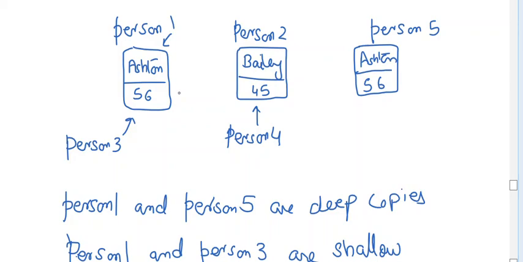So this is the difference between the deep and shallow copies in object-oriented programming. It's very important that if you are just making a copy of a reference, that will be a shallow copy, and anything that you do to person 3 and then you use person 1, they actually are referring to the same object and your change will be reflected in both places.